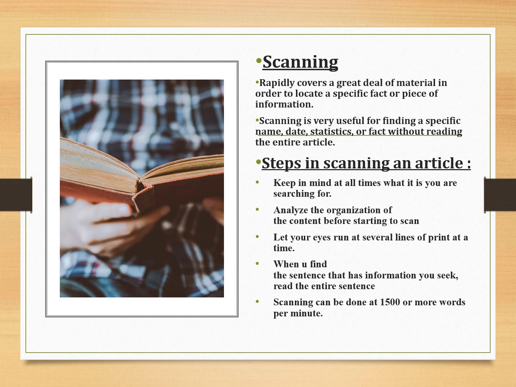It is a hit and trial type of reading. Generally, you run through fast and stop at a point where you feel you have got your desired information, and there you read the entire sentence.